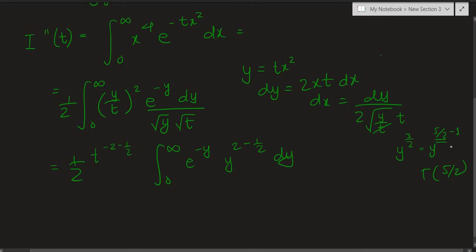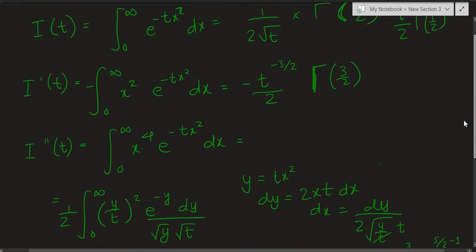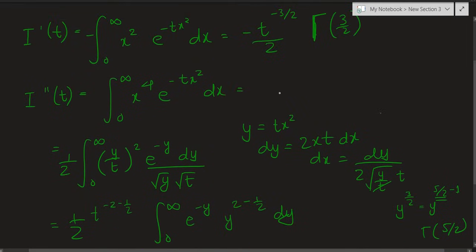We just look at this term, alongside this -1. So we have half of t to the, this is also going to be -5/2 times the gamma of 5/2. So that's also nice. We found out a small compact version for this. So this is t to the -5/2 divided by 2 times the gamma of 5/2.